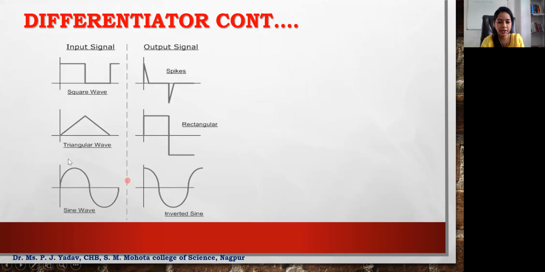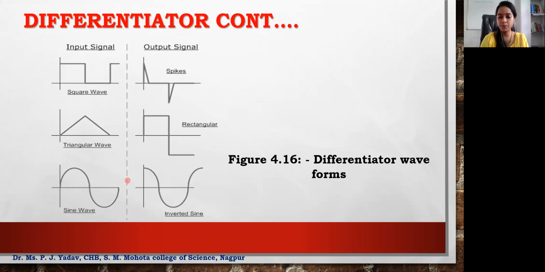If you give a triangular wave to the differentiator circuit, you will have a rectangular wave at the output terminal. If you give a sine wave to the differentiator circuit, you are going to get an inverted sine wave at the output terminal. This is how the differentiator circuit will give various output waveforms. So is the differentiator clear to you?